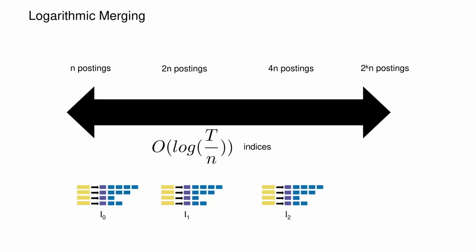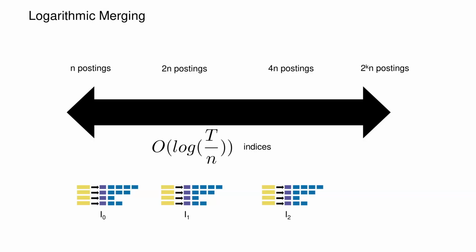I used to have T over N indices of size N, but now that I have these powers of 2, it's only the log. Why the log? It's exactly the same log that you take when you want to write a number in base 2. If you want to know how many bits you need to write number n, that's the log of n in base 2. You agree with that, right? The log gives you the number of digits in the base that you want.